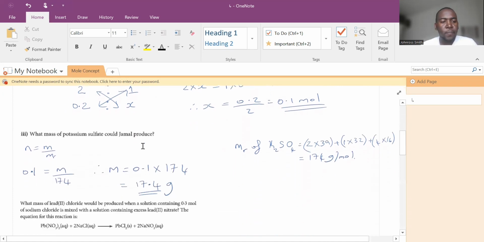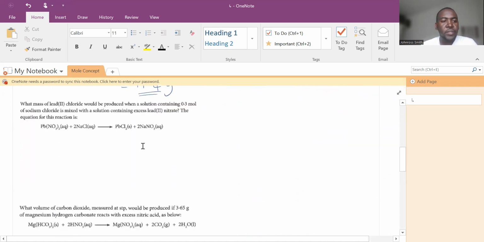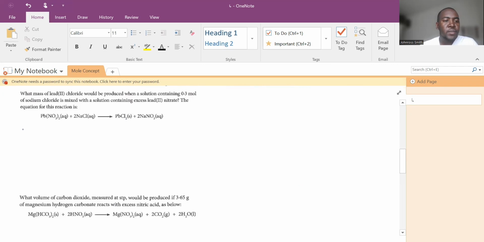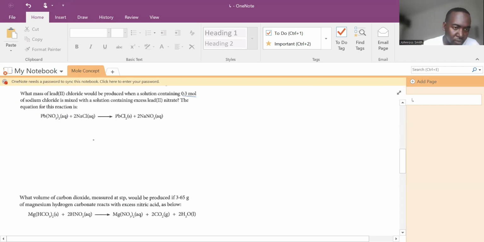previous lessons. Let's look at the second question here that says, what mass of lead-2 chloride would be produced when a solution containing 0.3 moles of sodium chloride is mixed with a solution containing excess lead-2 nitrate? The equation is shown. And again, this equation is a balanced equation, so we don't have to balance it, right?